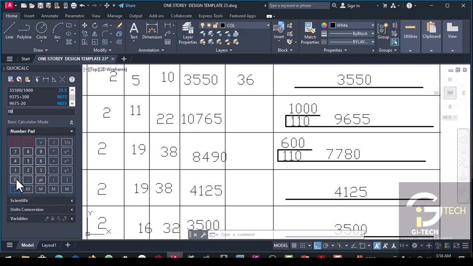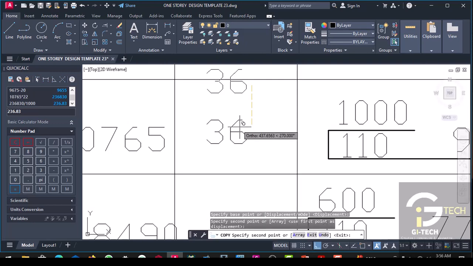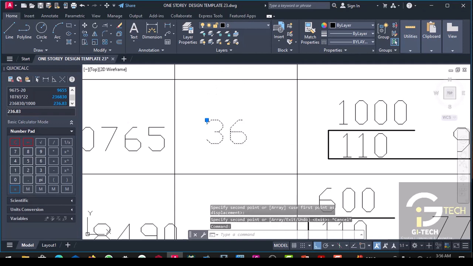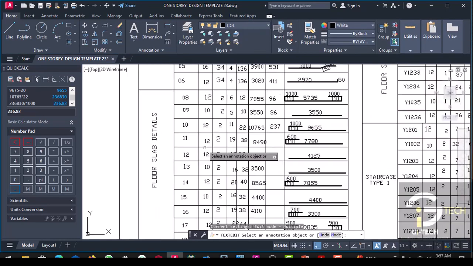So 10,765 times 22 divided by 1000 gives us 236.8. So we can take 237.